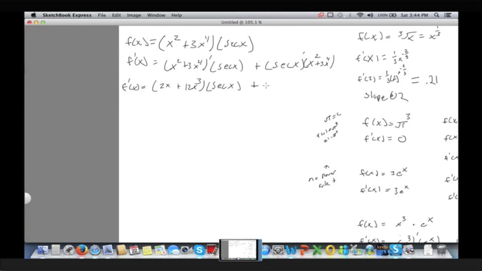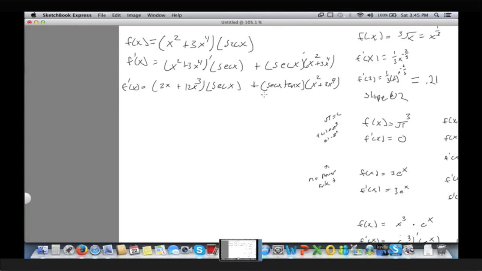Derivative of secant is, double check, derivative of secant x.